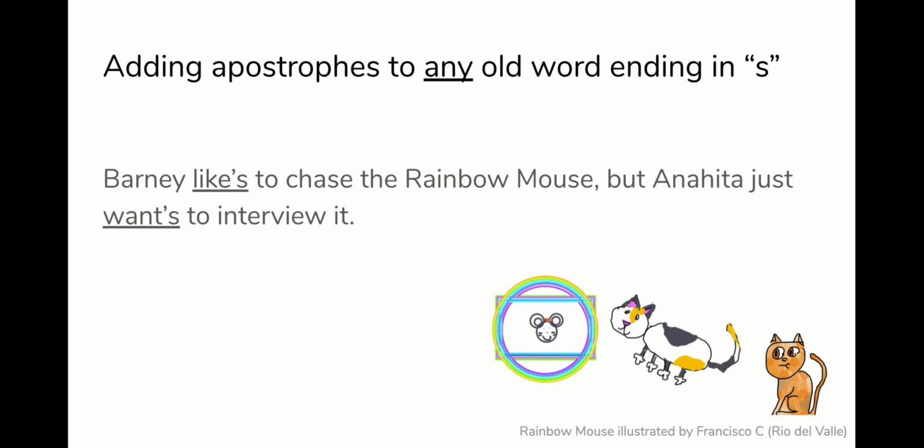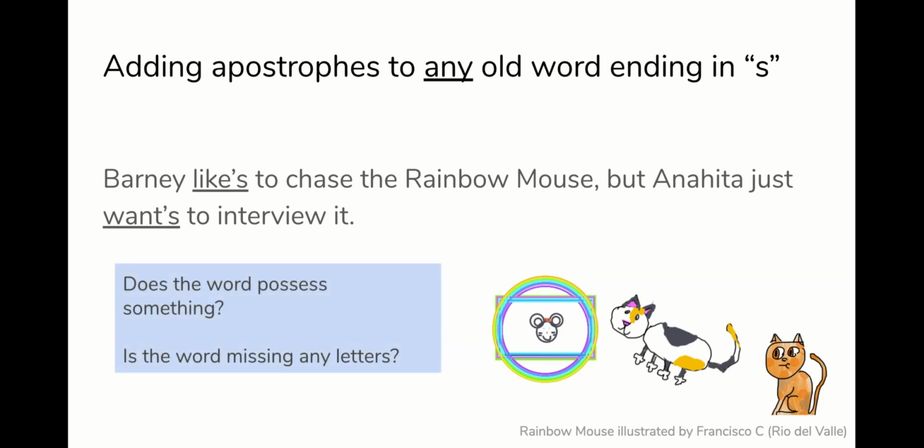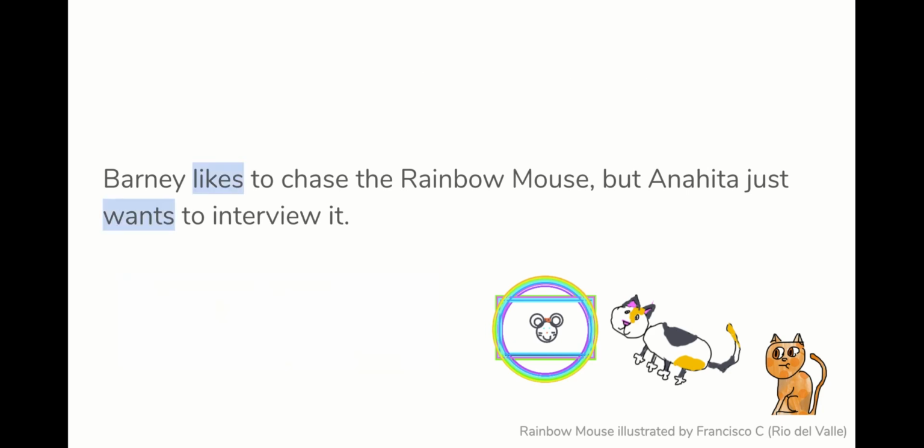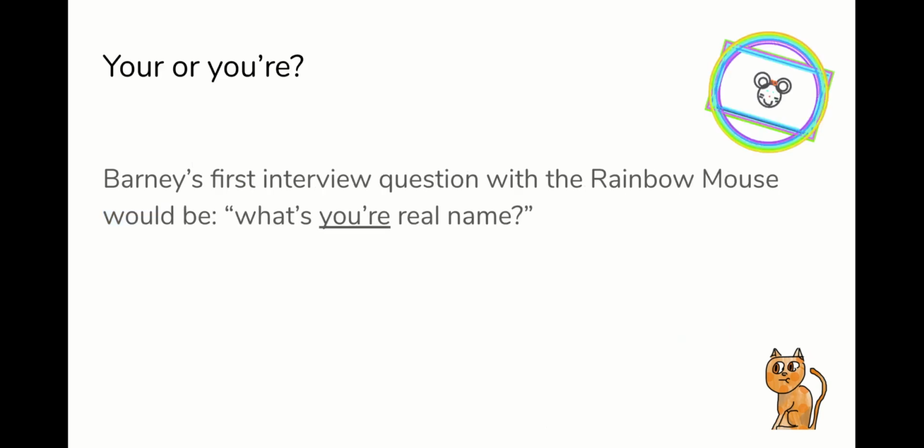So in this case, we have 2 words that don't need apostrophes. Ask yourself, does the word possess something? Is the word missing any letters? If those 2 answers are no, you do not need an apostrophe. Just because you see an S doesn't mean you automatically put an apostrophe on it. So we fix it like that.